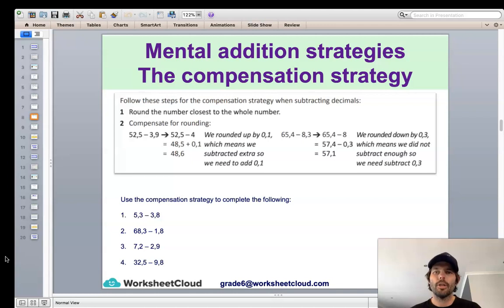We've done the calculation. We've subtracted an extra tenth. We must now give that tenth back at the end. And in the second example, 65,4 minus 8,3, we first subtracted 8, and then we must subtract the additional 0,3. Okay? So work through those 4 examples, and let's see how you get on.